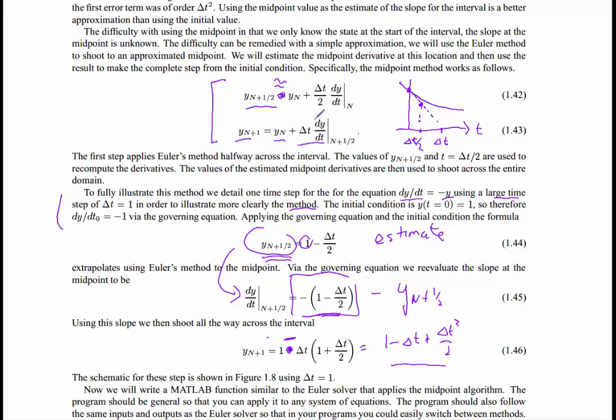In order to get dy dt at n plus 1/2 in approximation, you need y n plus 1/2. You approximate y n plus 1/2 using Euler's method, and then you use that approximation to approximate your derivative at n plus 1/2. So two steps: Euler's method for half a step, then use the result to get the derivative in a second Euler step.